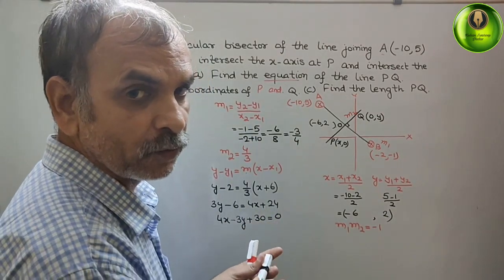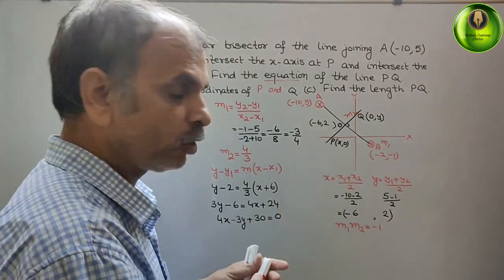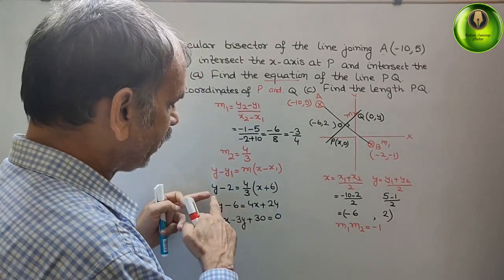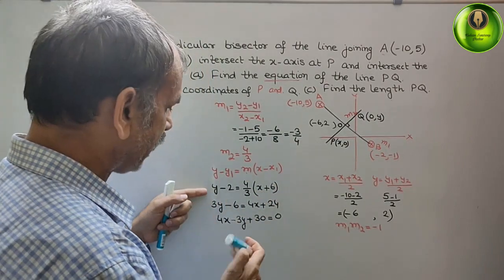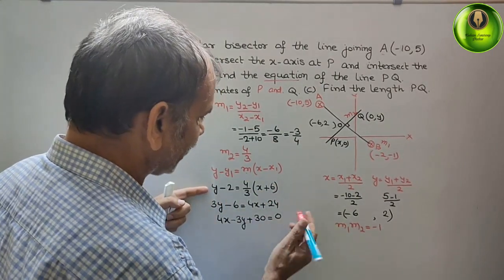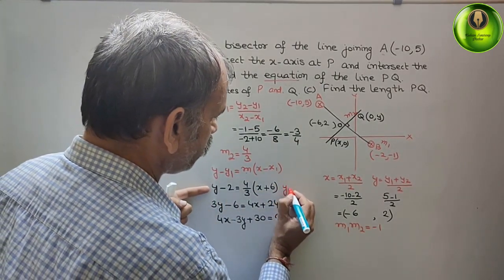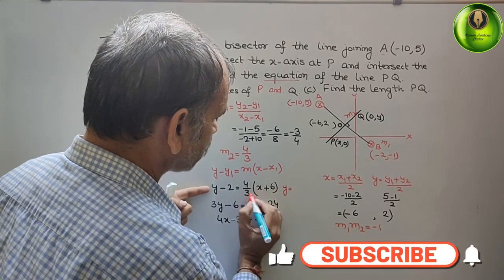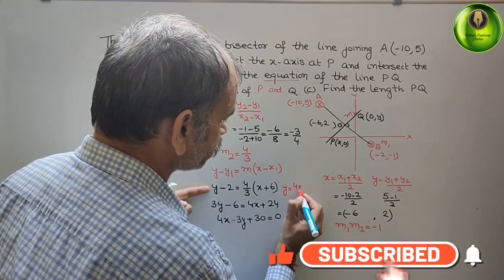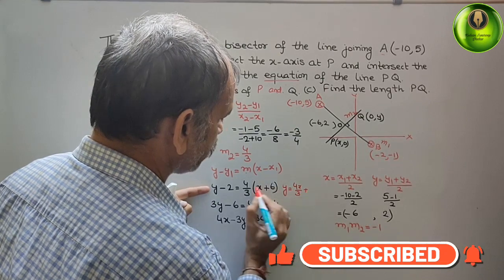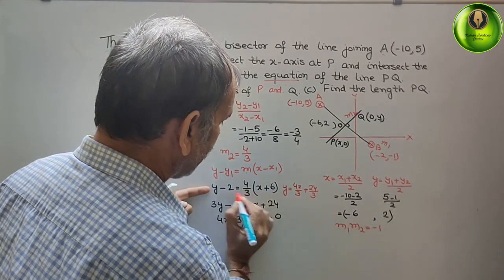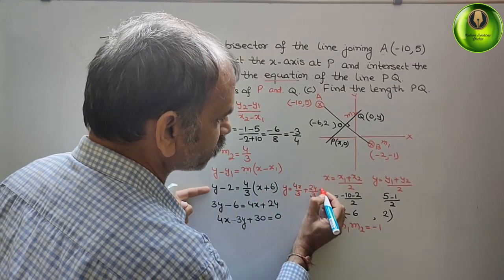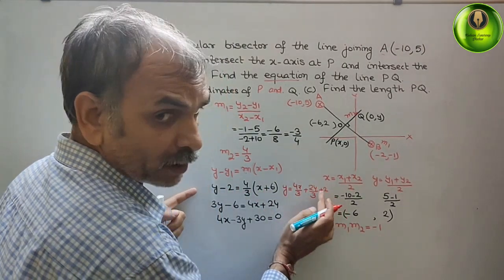Now you can write it in another way also, by bringing y to the left side and everything else to your right side. Then the equation will change. Therefore, you will get 4x by 3 plus 24 by 3, and this minus 2 will become plus 2 here. Take the LCM here.